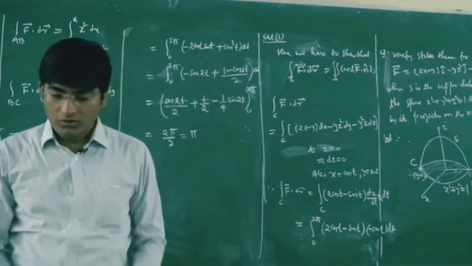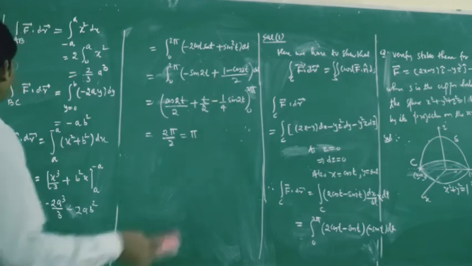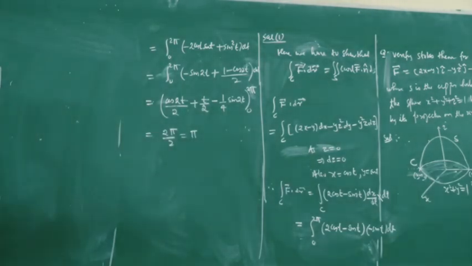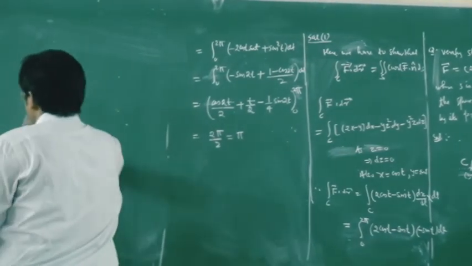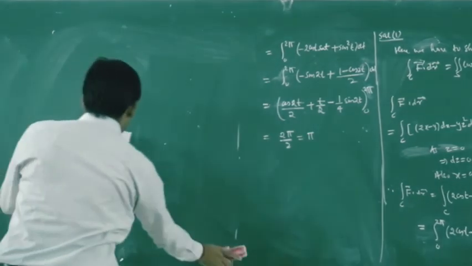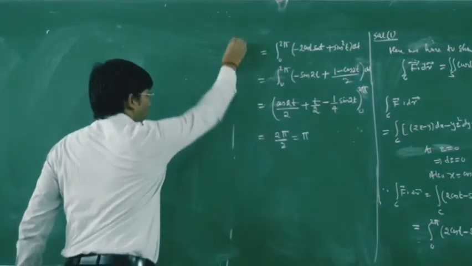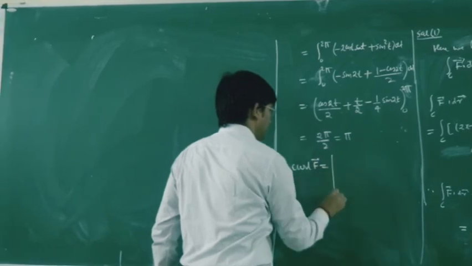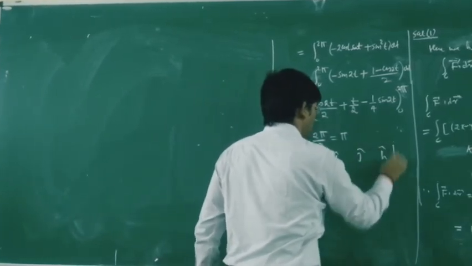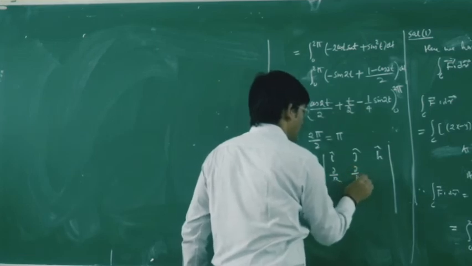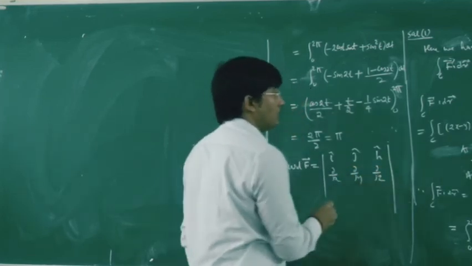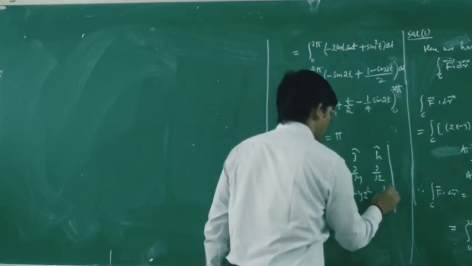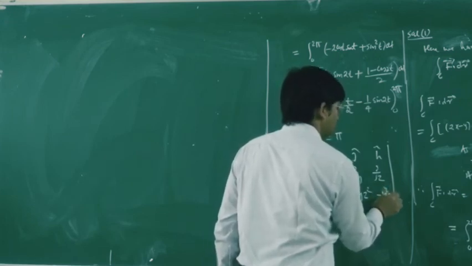Now let us evaluate the surface integral. For the surface integral, let us find out the curl of F. So your curl F will be the determinant with i, j, k, del by del x, del by del y, del by del z, then the components of F as 2x minus y, minus yz², minus y²z.